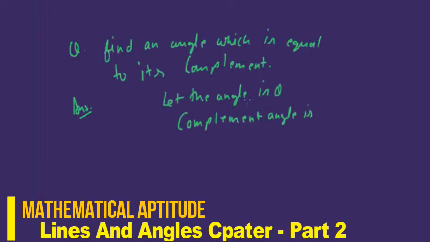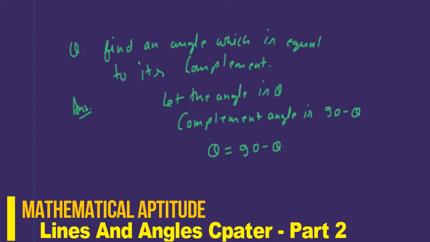We know that if the sum of two angles is 90 degree, they are called a complementary pair. If one angle is theta, then the other angle is definitely 90 minus theta, because the sum of these two angles should be 90 degree. Now as it is already given in the question that the angle and its complement are equal, theta equals 90 minus theta.